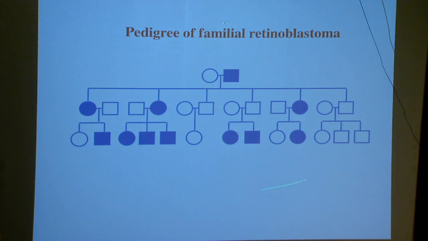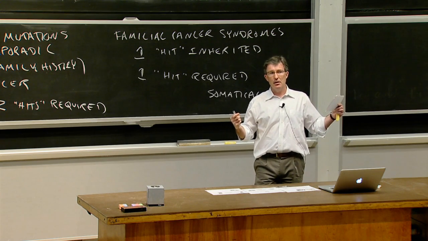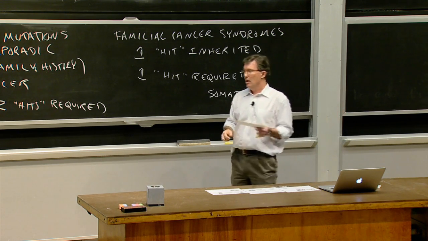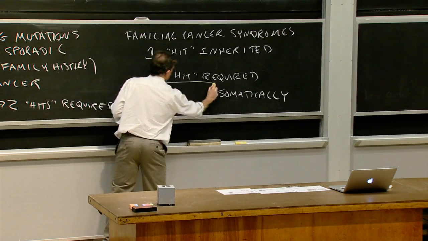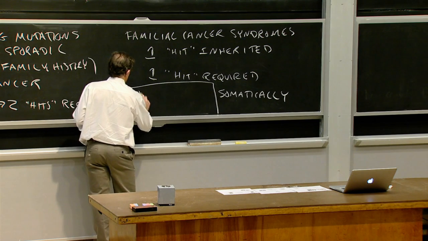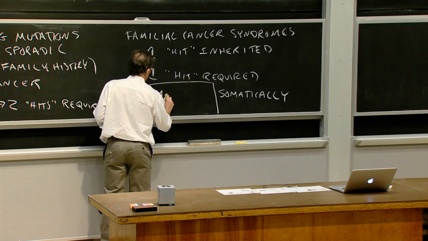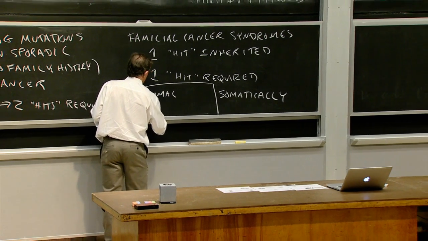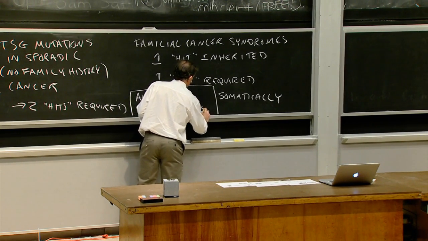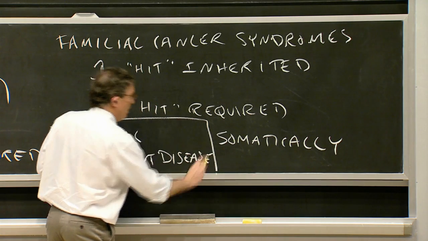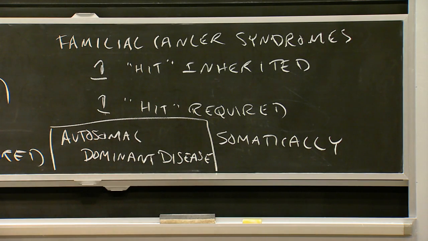When you look at this pedigree, remembering back to your lessons in disease genetics, this looks like an autosomal dominant disease.